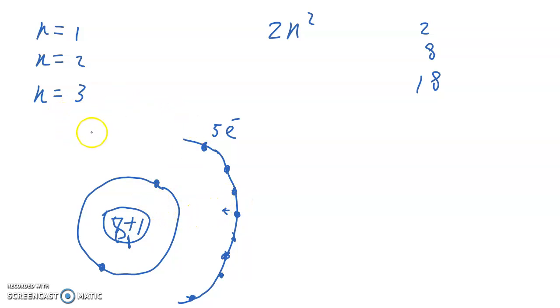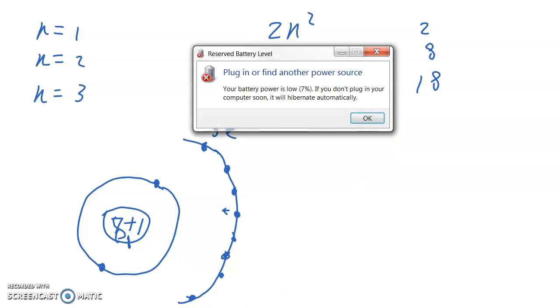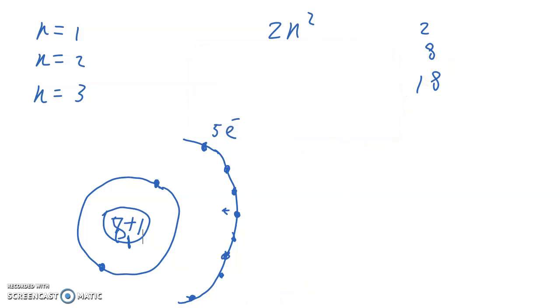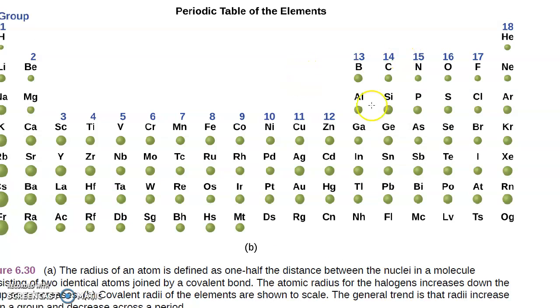That's why across the periodic table, going to the right side, you are going to see a decrease in atomic size. Going to the right side of the periodic table, in the same period, the atomic size is decreasing. Of course, sometimes there are exceptions, but we know the reason.